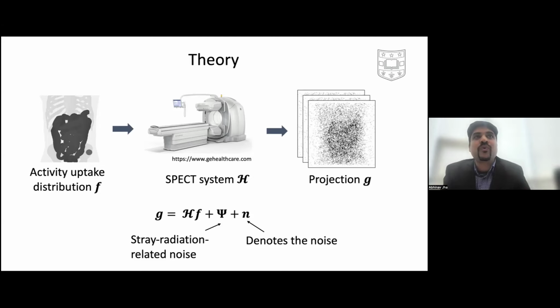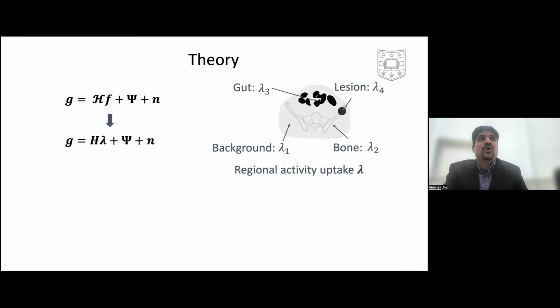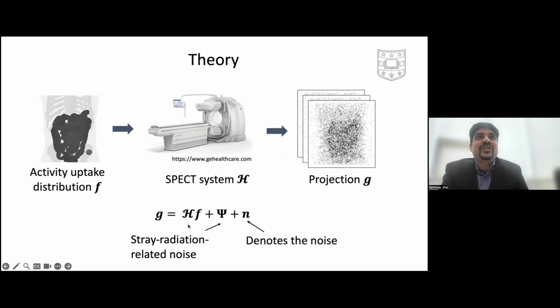To provide some mathematical basis for this, here is your object f, the radiotracer distribution, and your imaging system H. This psi denotes the radiation related noise, or the mean of the radiation related noise, and this n denotes the noise itself. This H, as I like to call it, maps from our continuous patient to a discrete detector. To specify this in the context of image reconstruction, what we do is take that continuous patient and voxelize that patient.